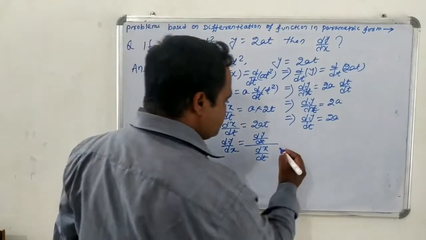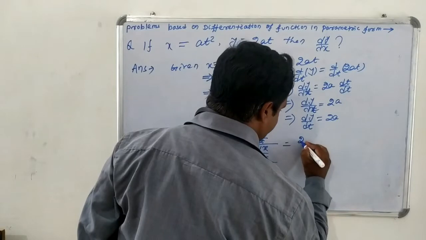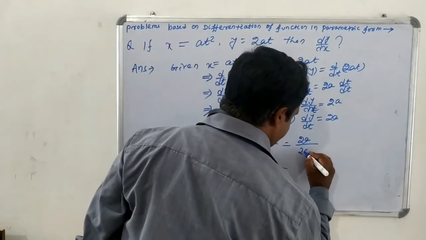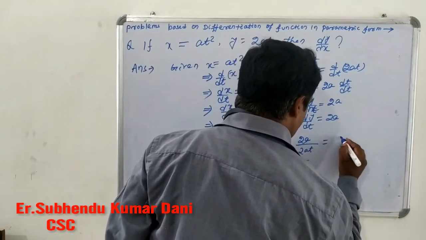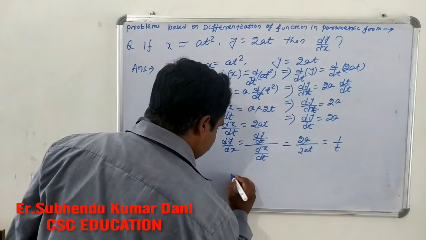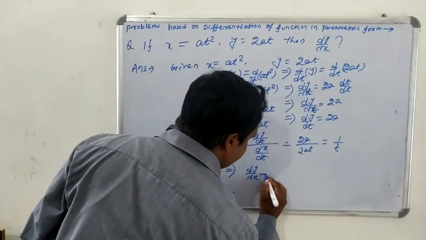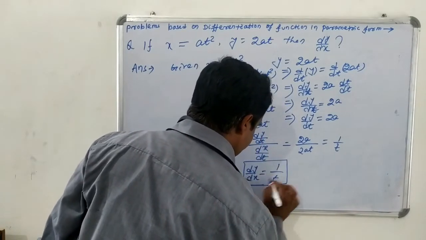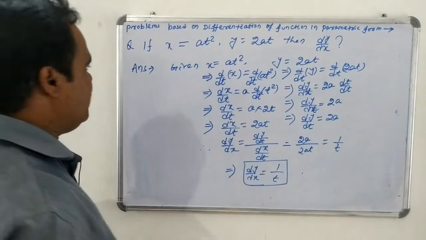The value of dy by dt is 2a, divided by dx by dt, which is 2at. The 2a cancels out and the value is 1 by t. Therefore dy by dx equals 1 by t, that is your answer. That is the first example.